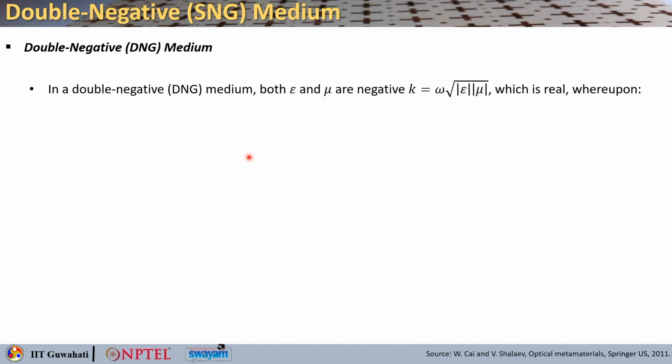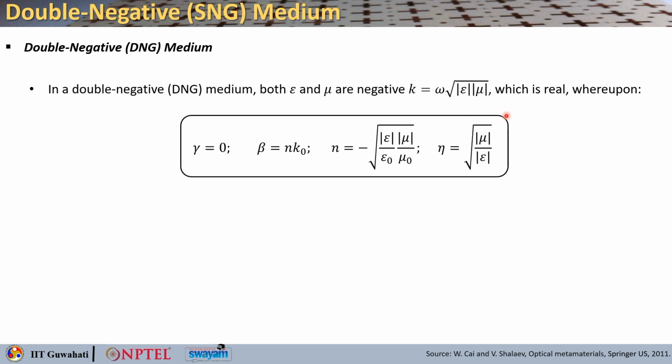Now, we go to the third quadrant, which is the double negative medium, DNG. In this medium both epsilon and mu are negative. So, you get k, the wave vector or the wave number, whose amplitude is given as omega square root of modulus epsilon into modulus mu. So, this is real.